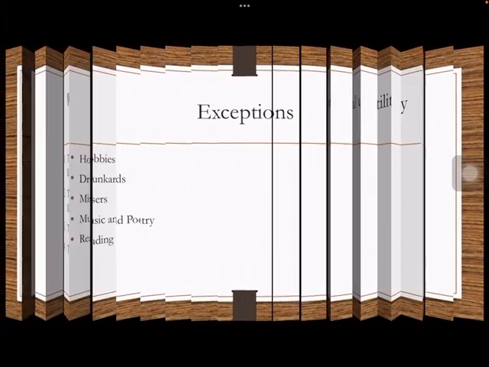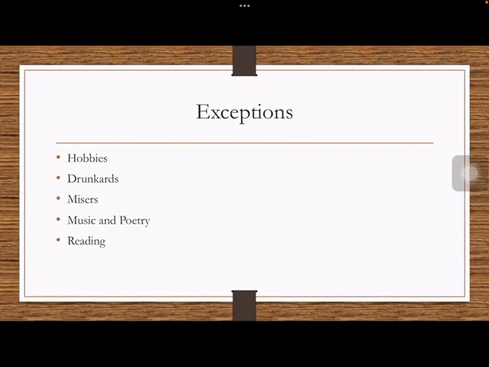There are some exceptions, limitations of the law, where the law is not applicable. That is in the case of hobbies. In the case of drunkard persons who are taking alcohol, the law is not applicable. Miser persons, for them also it is not applicable.